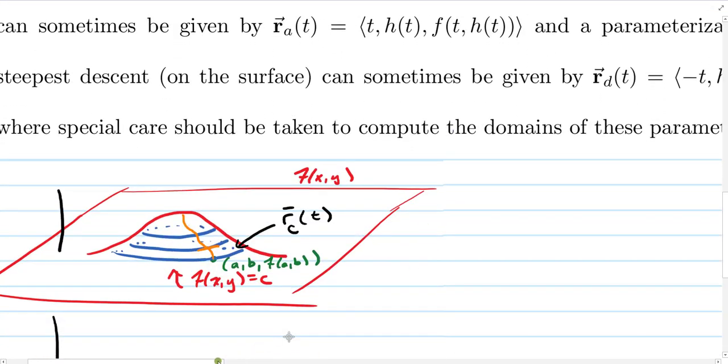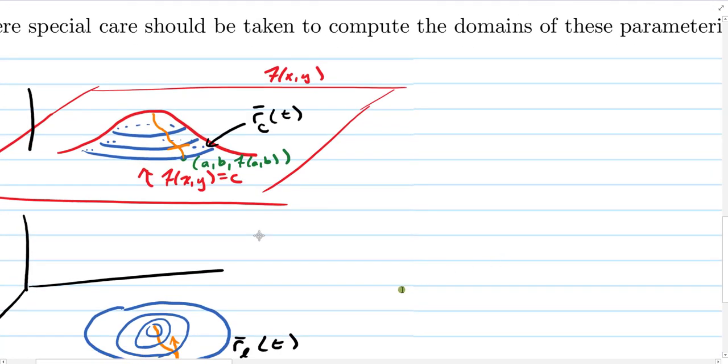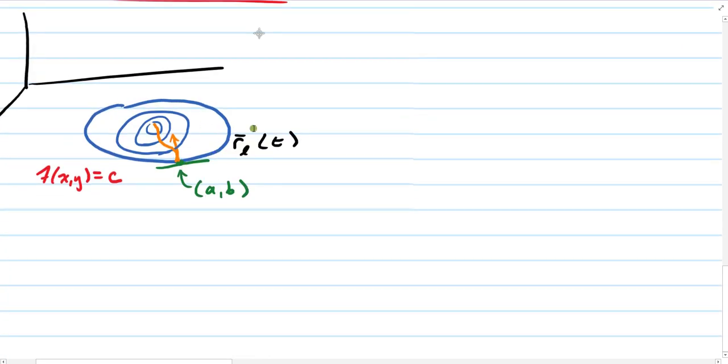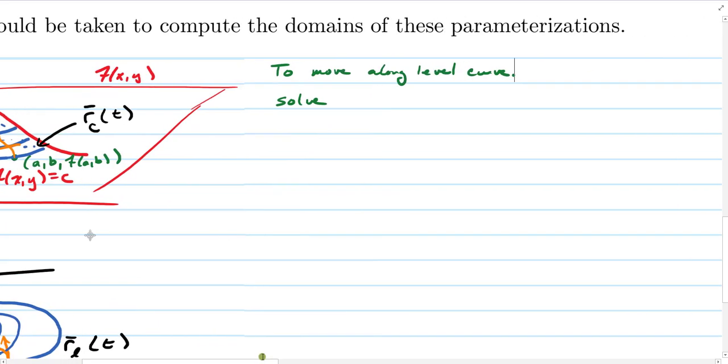In the previous part of this video, we showed that to move along the contour line, or the level curve, I guess I should say, meaning this blue level curve down here, we solved the differential equation dy/dx equals minus f sub x over f sub y with the initial condition y(a) equals b.